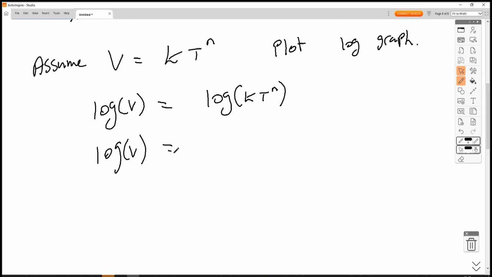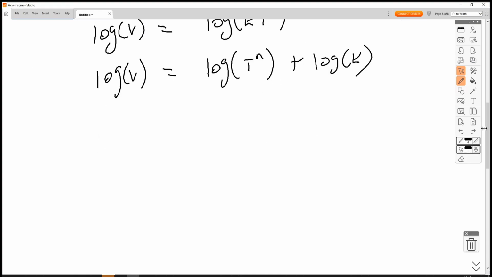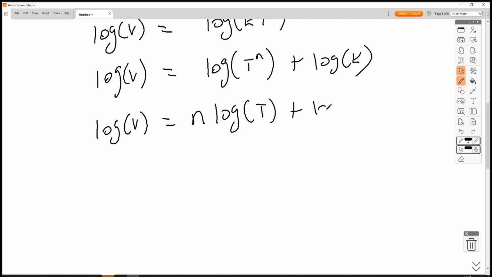Again, we expand those logs just as we've done before. N log T plus log K. So we've got log V equals N log T plus log K.